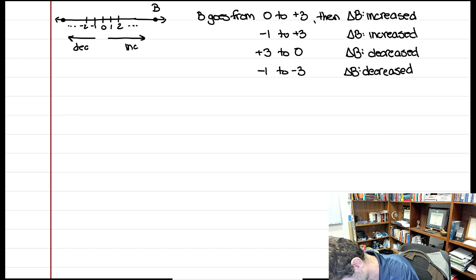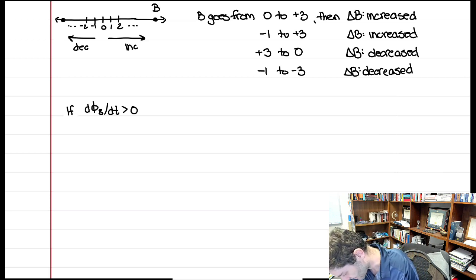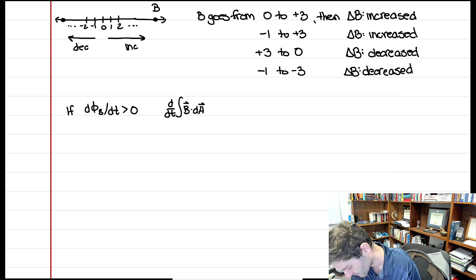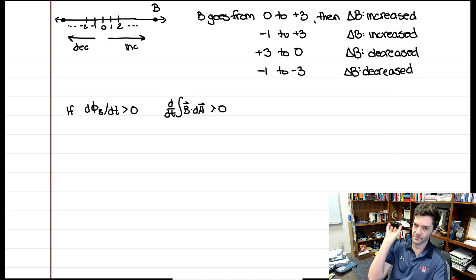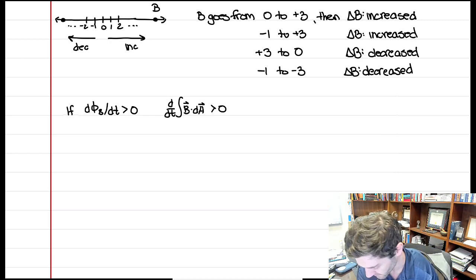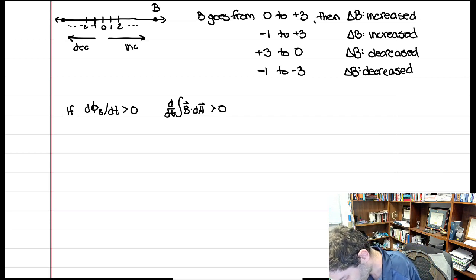So if d phi by dt is greater than 0, that means that the time derivative of this integral is greater than 0. Thinking about it in terms of field lines, more field lines are going through the particular surface. The surface itself may be changing. There might be other conditions causing this flux to increase.